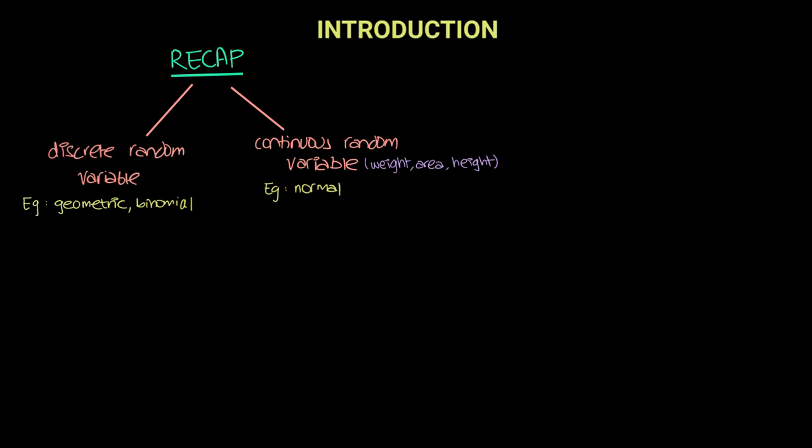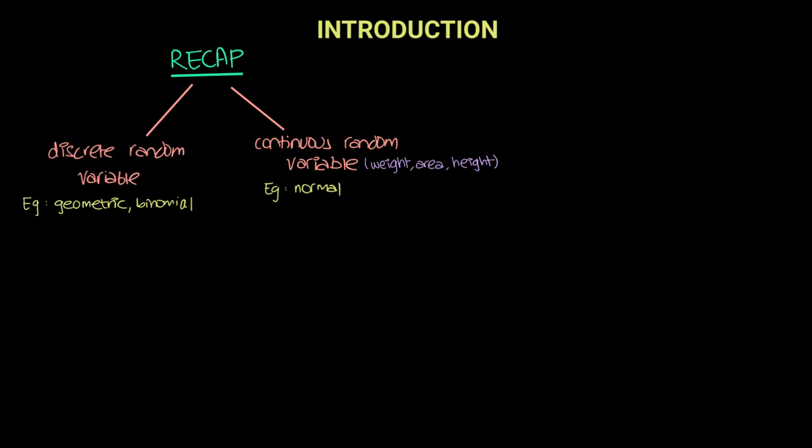And now, what is the relationship between a random variable and its probability distribution? Well, in the previous chapter, we learned that if we have a situation with characteristics of a discrete random variable, we can map that situation onto a discrete probability distribution. And the same goes for a continuous random variable. If we have a situation which has characteristics of a continuous random variable, we can map that situation onto a continuous probability distribution.